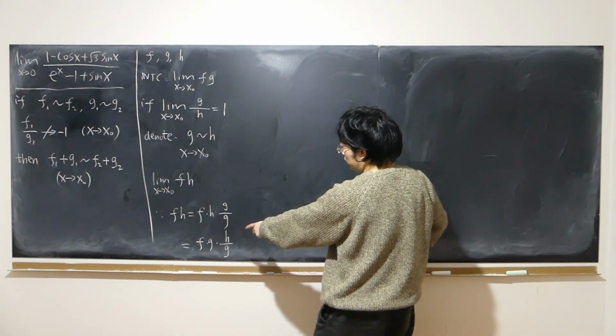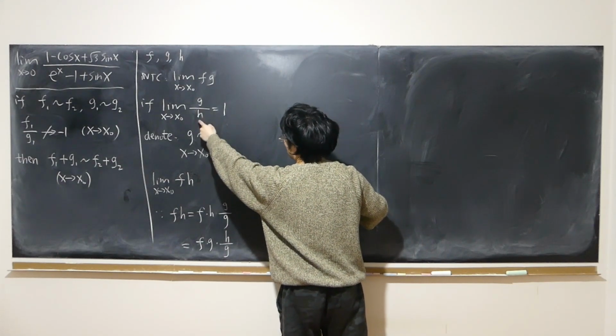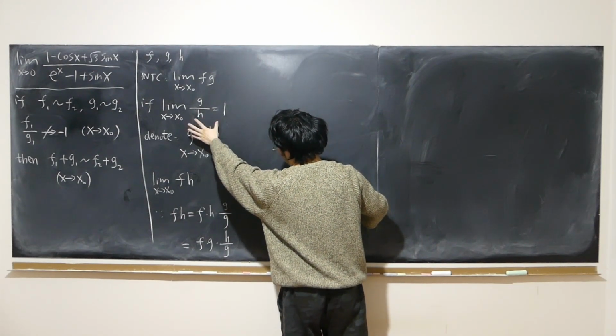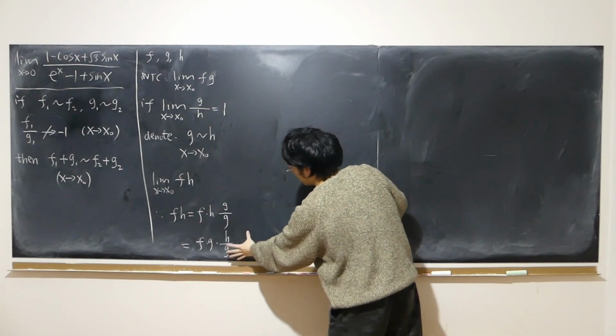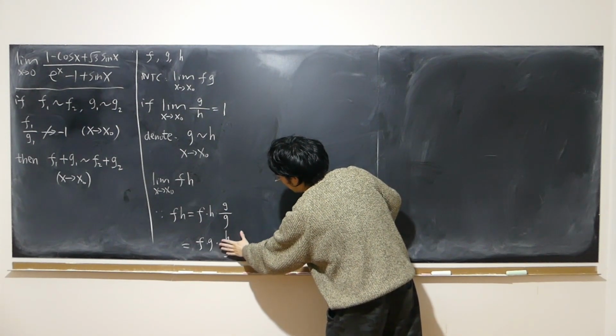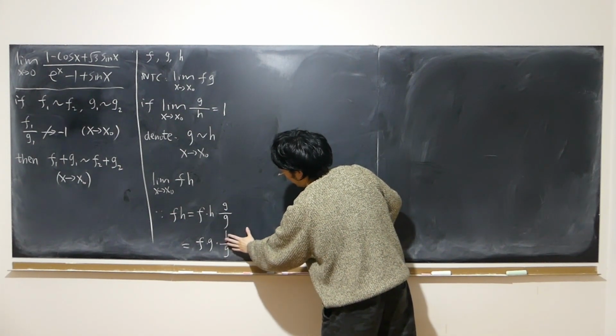Like I said, given the condition that the limit of g over h is equal to 1, this factor is going to be approaching 1.